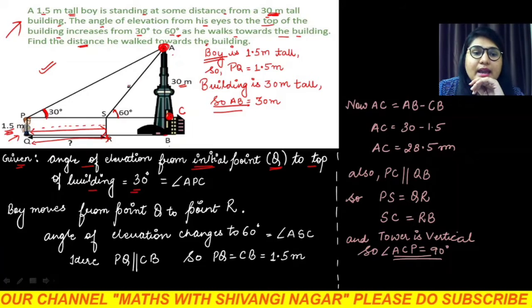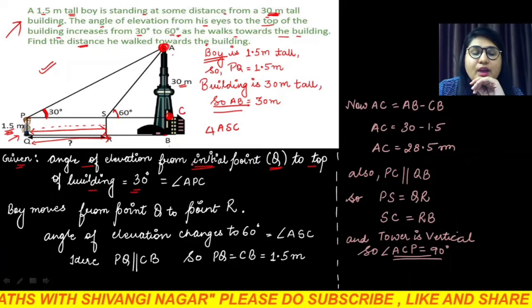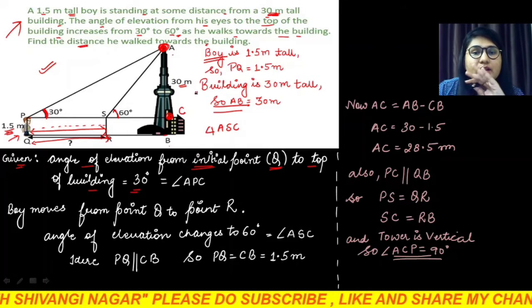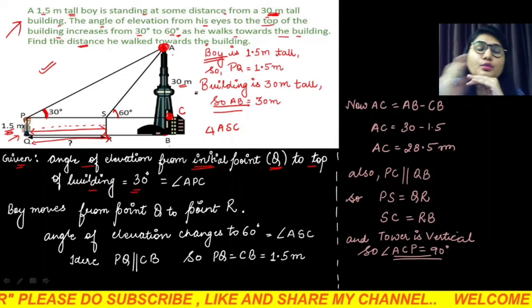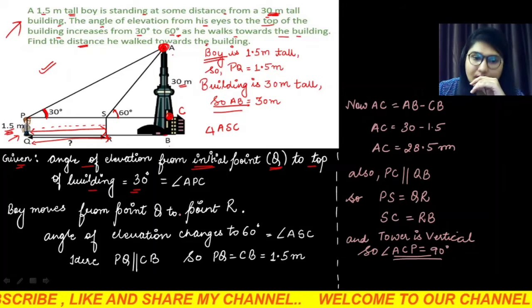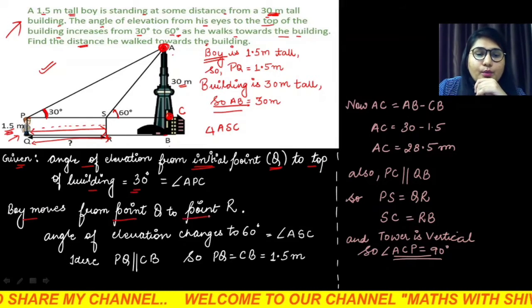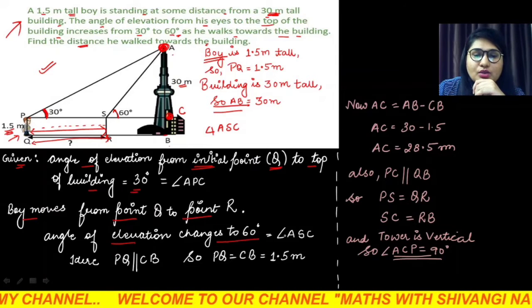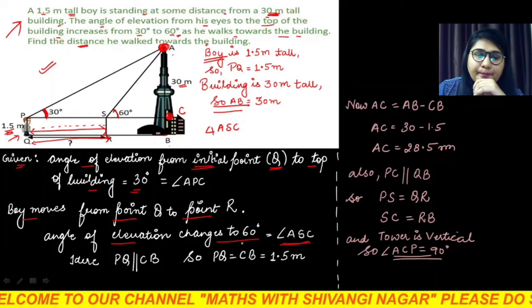And ASC is another triangle, formed when he walked from point Q to point R and the angle of elevation increased to 60 degree. Clear? When the boy moves from Q to R, the angle of elevation changes to 60 degree, which is angle ASC, as we can see clearly here.